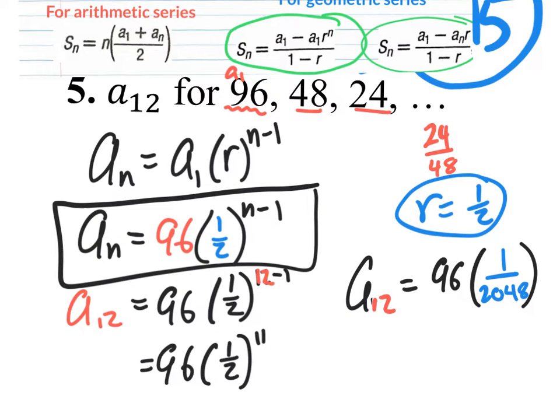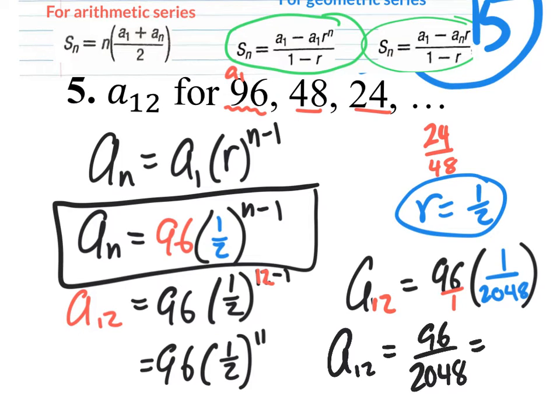So I could multiply the 96 times the 1 up here and the 1 times 2048, giving us our final a sub 12 term of 96 over 2048.